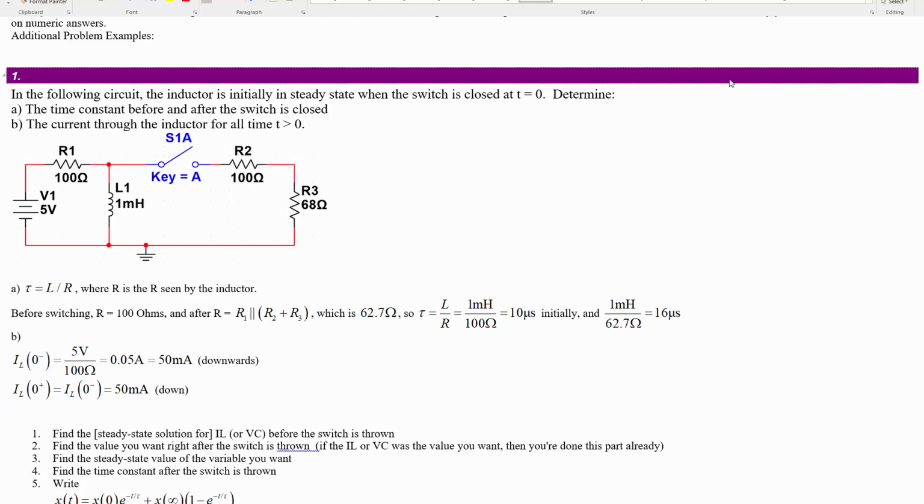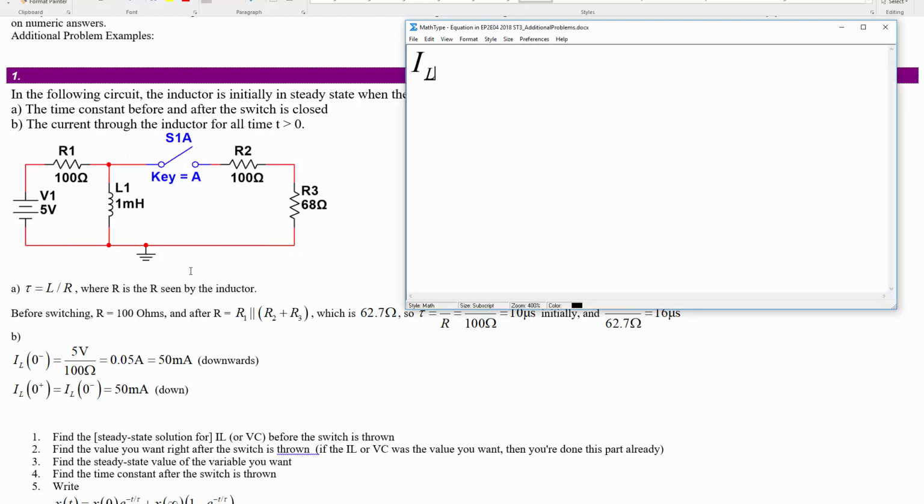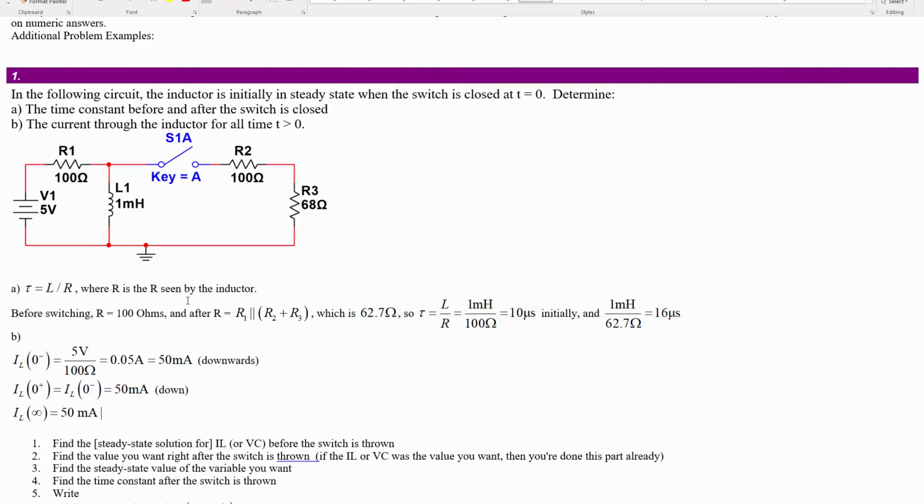And what is the current at infinity? So at infinity, after we wait a long enough time, this is behaving like a short, and interestingly, it's shorting out these resistors over here, so it's actually the same. IL at infinity also equals 50 milliamps. So think about this. Once this is shorting out these resistors, which is what it's going to do in steady state, then we've got 0 volts there.